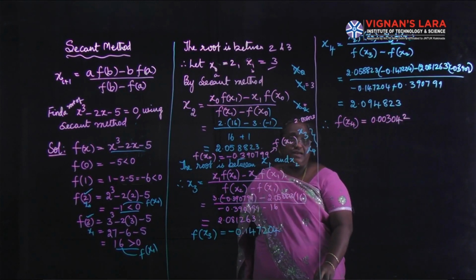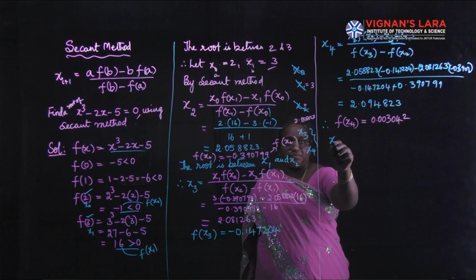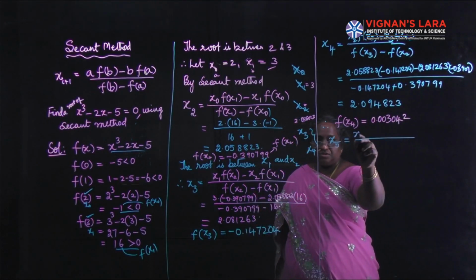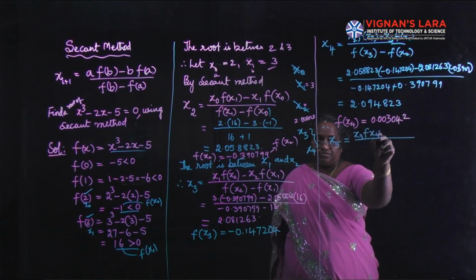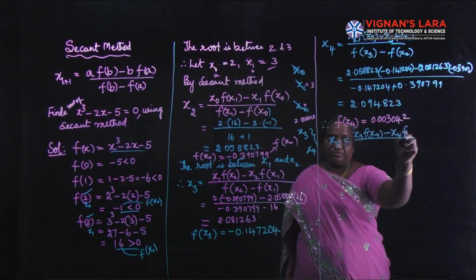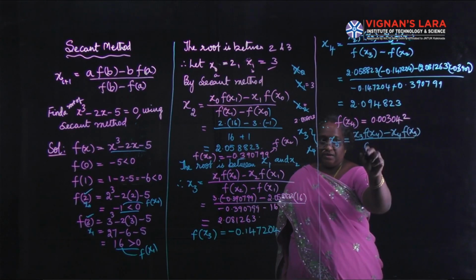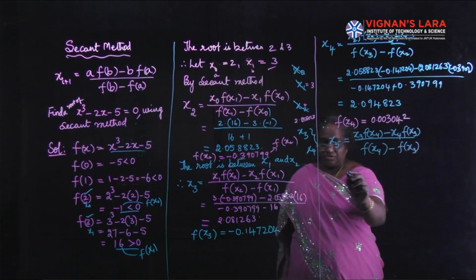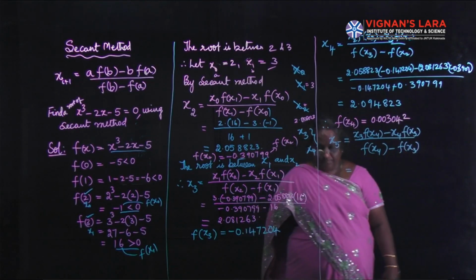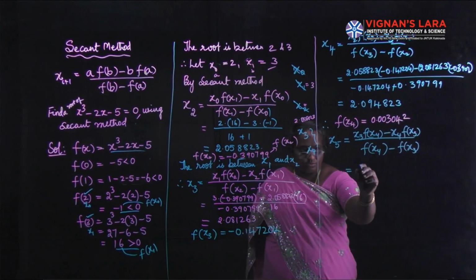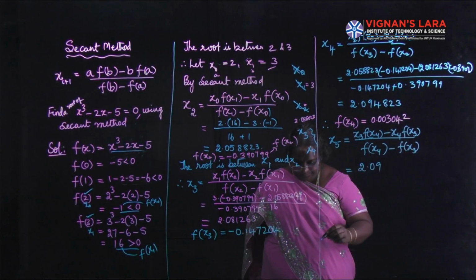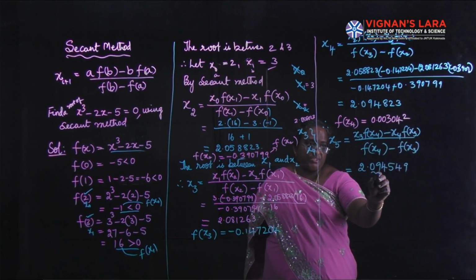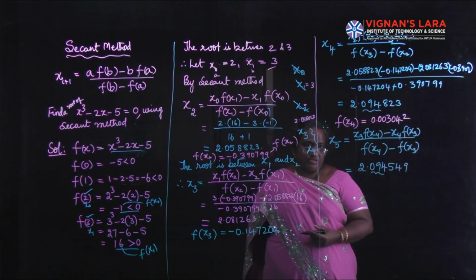So now we will calculate the next approximation x5 between x3 and x4. x5 is a combination of x3 and x4. The formula goes like this, by f of x4 minus f of x3. Substituting all the values and evaluating, we get x5 as 2.094549.